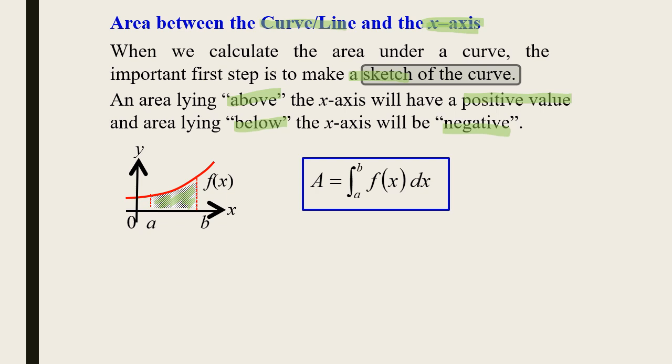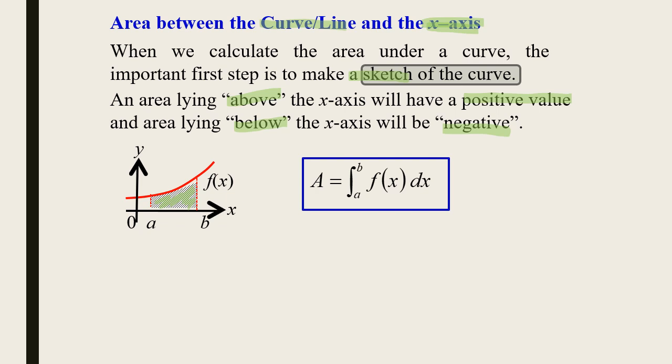But because we have a curve here, not a straight line, we cannot use the formula of trapezium. We can apply the concept of definite integral, because integration of a function is actually the area under the curve. But we must know the values of A and B. We should have the limits.